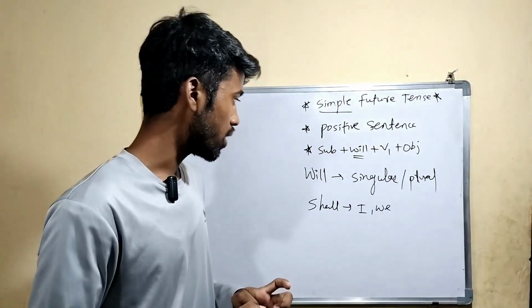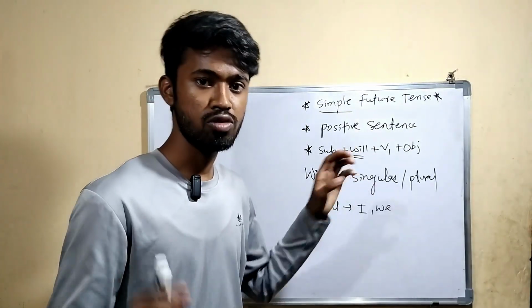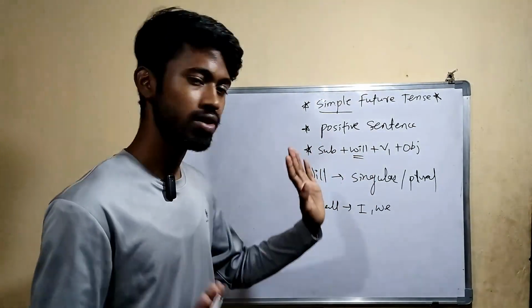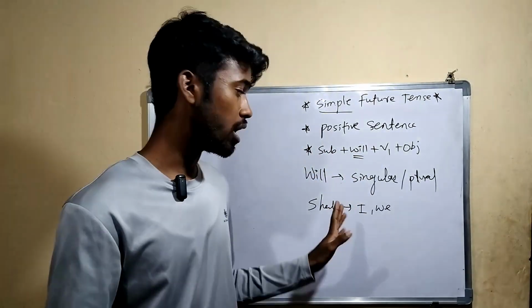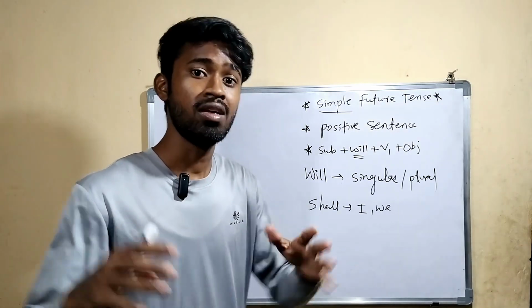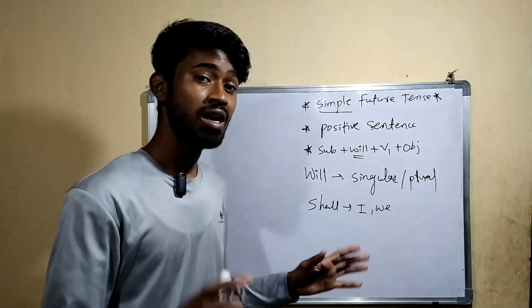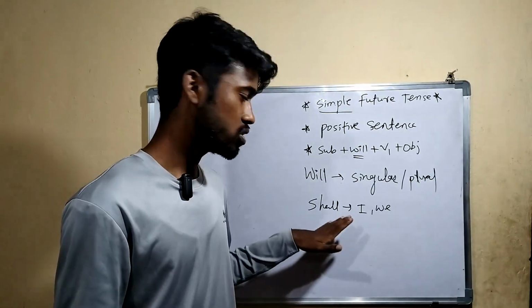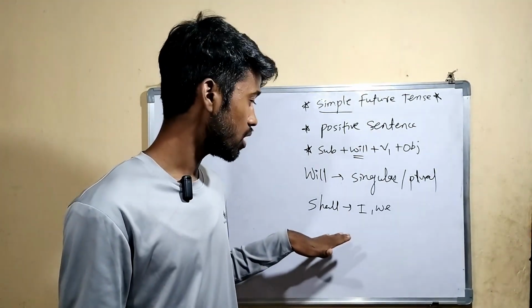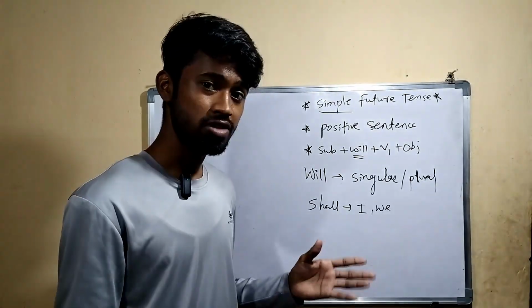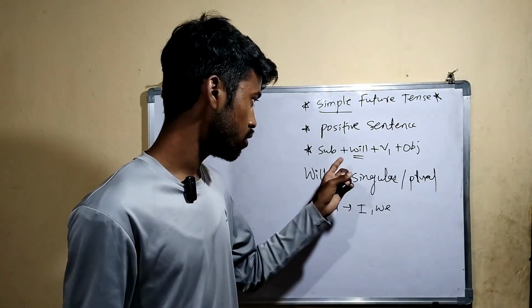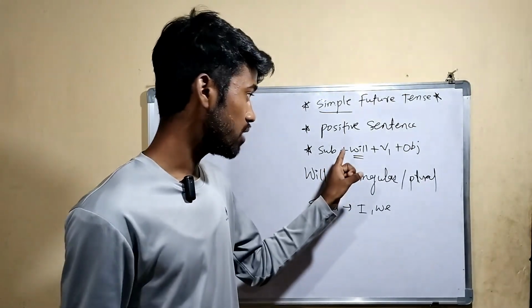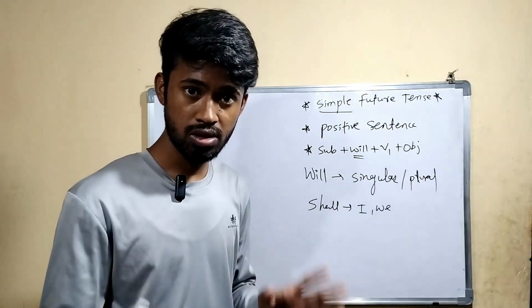Now everyone is using will, so if you know only will, that's fine. But you should know about shall, so that if someone says a sentence using shall, at least you understand what it is. This is also a helping verb, or you can say modal. In modals we have seen both will and shall.